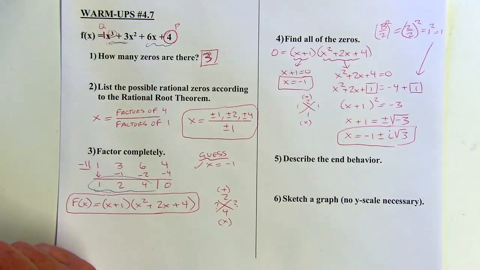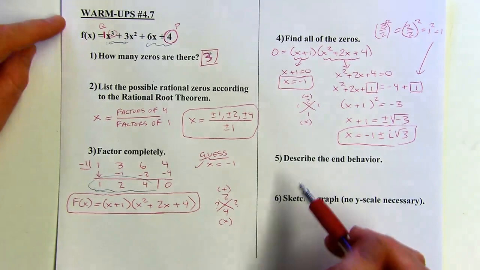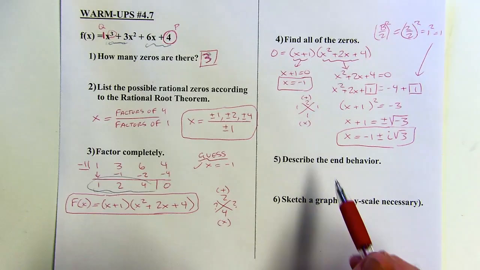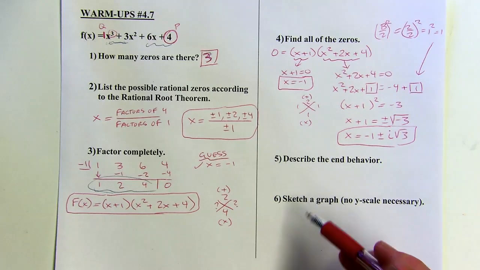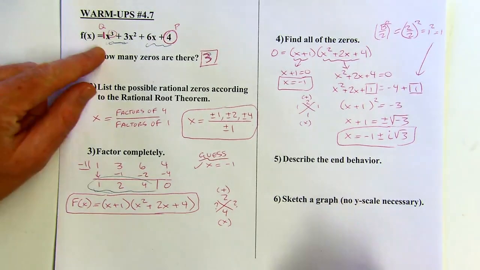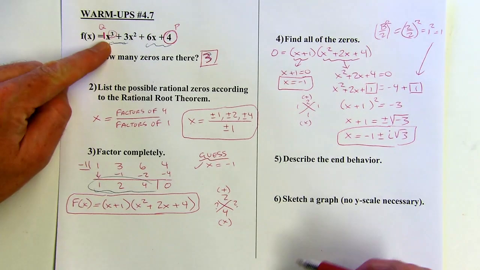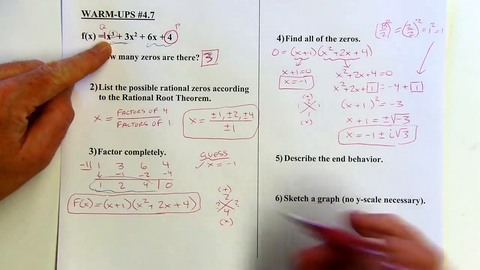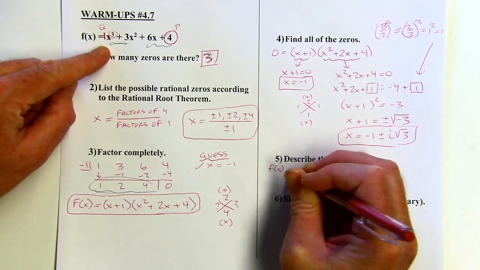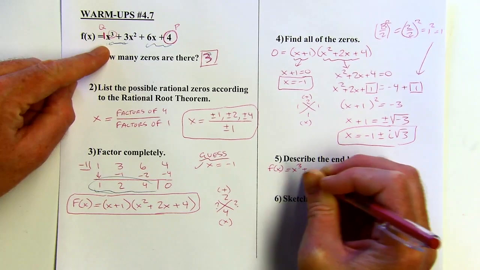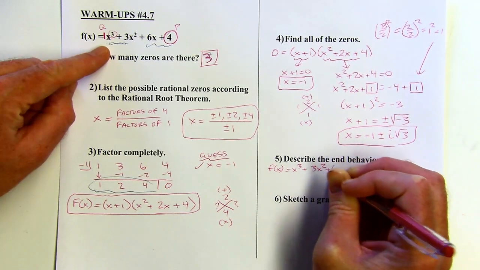Okay. All right. And then let's describe the end behavior. So the end behavior describes what's happening at the 2 ends of my graph. Okay. And so I can figure this out by thinking of the simplest possible equation that has, so here, let me write my equation here. x to the third plus 3x squared plus 6x plus 4.